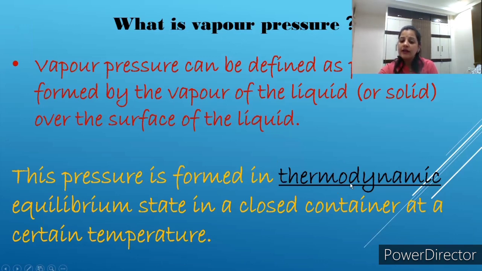To maintain the heat or the temperature, we have to keep the container in a closed state where there will be no exchange of heat, and we have to maintain a proper temperature. So the condition will become thermodynamic. This vapor pressure is generally formed under the thermodynamic equilibrium state in a closed container at a certain temperature.